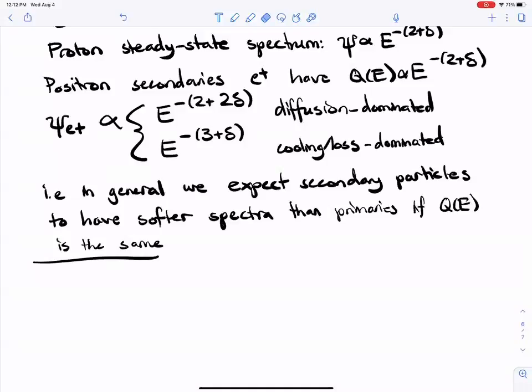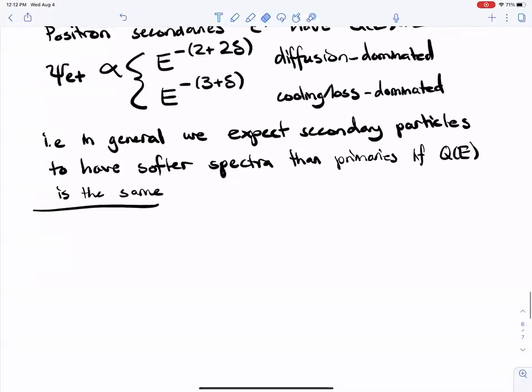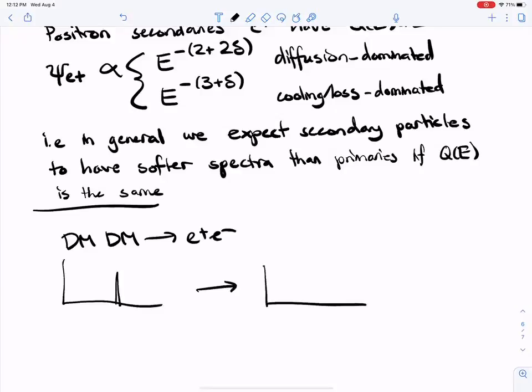Although I think yesterday I was sketching photon spectra, which won't be distorted in this way. But if I have DM DM straight to e plus e minus, this is the most extreme example, then my injected spectrum is going to look like that. And we just argued that my spectrum after propagation is going to look like that.